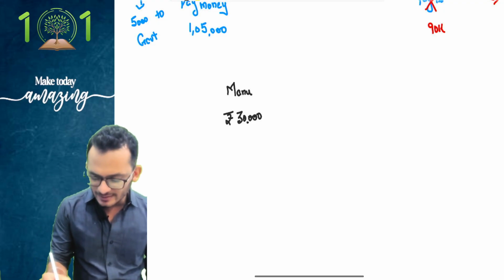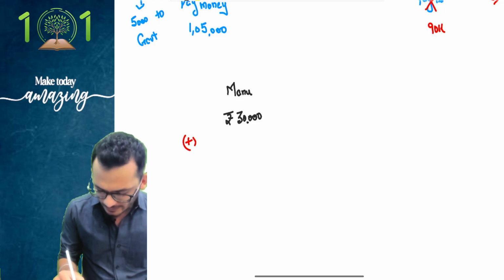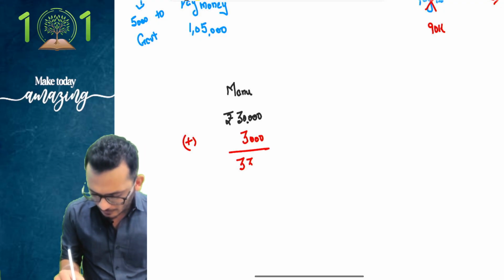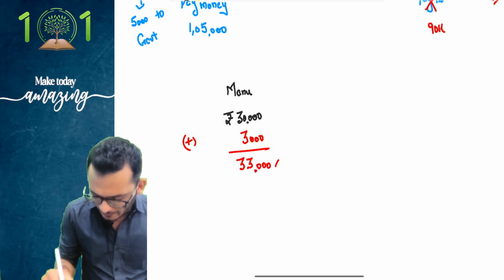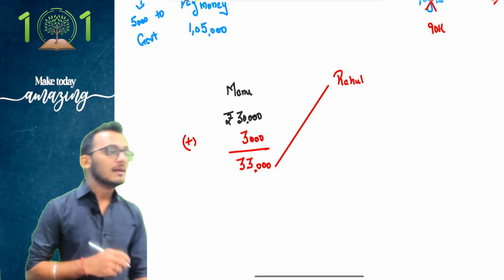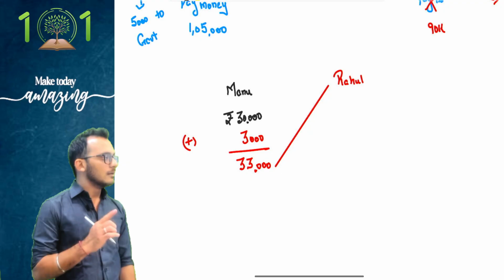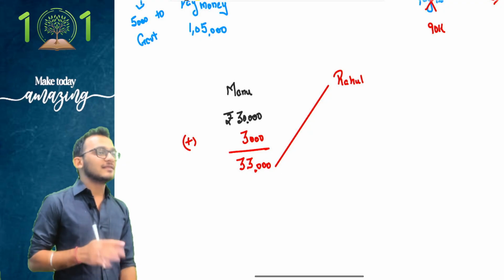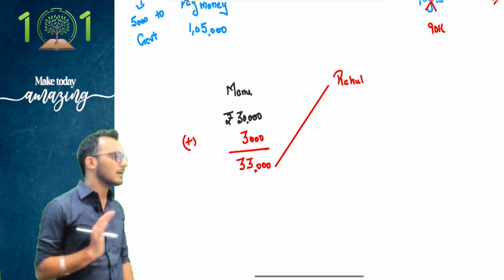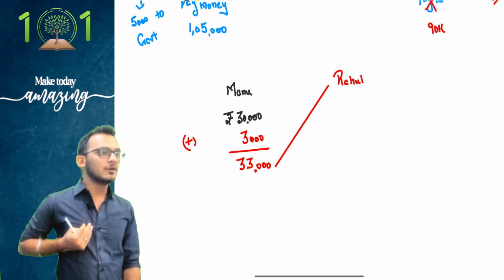Which means my GST levied is 3,000, giving me a net payable of 33,000 to be paid by Rahul. Correct? Yes, Rahul will pay this 33,000 to the manufacturer. Manufacturer will take 3,000 rupees, send it off to government. Agreed, not agreed? Yes. Now Rahul has the iPhone in his hand.